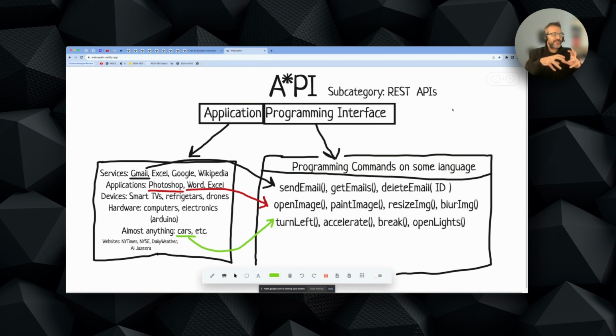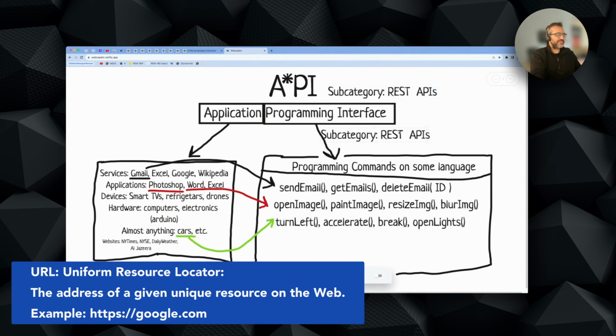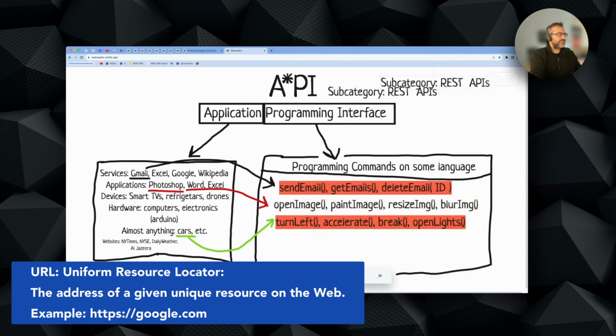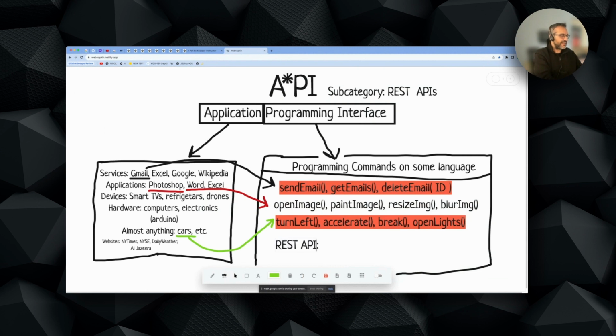It gives us an easier way to access some data, maybe run some commands, control some things on the application part, but with a much simpler interface. And what they provide is a set of URLs. Okay, and we have this REST API, let's say, for the daily weather or the New York Stock Exchange.